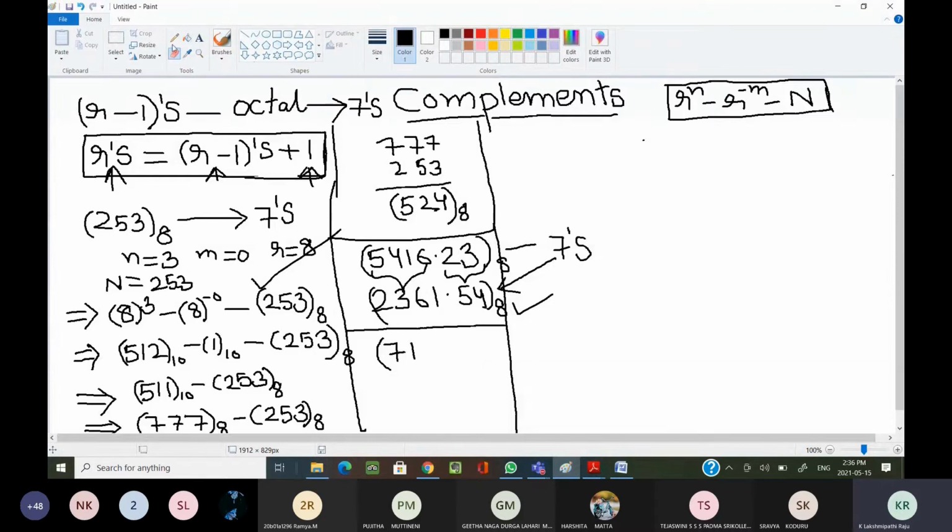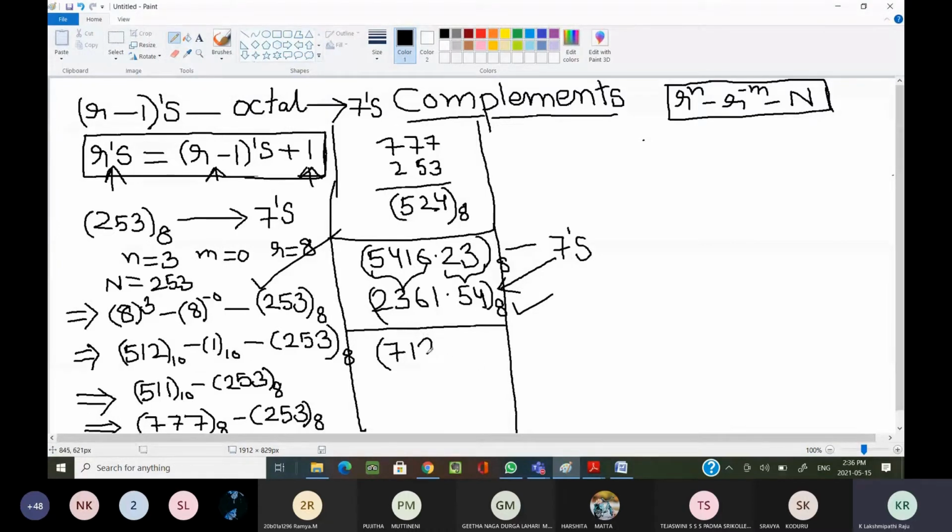We have only 8 distinct symbols, 0 to 7: 0 1 2 3 4 5 6 7. If you count the total number of symbols, they are 8. We don't have any 8 in our octal number system. That is what they are saying.